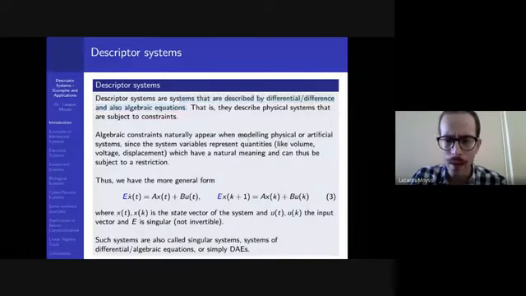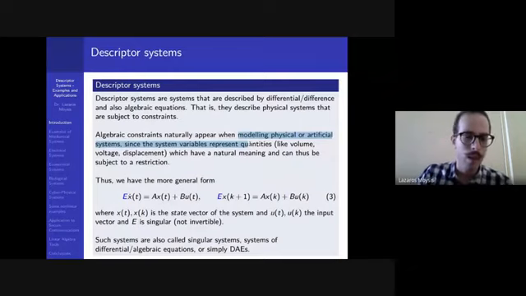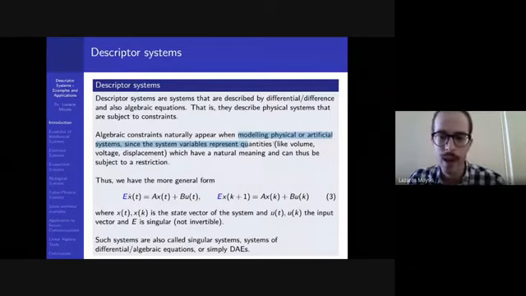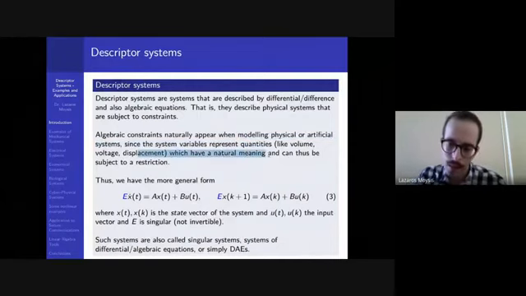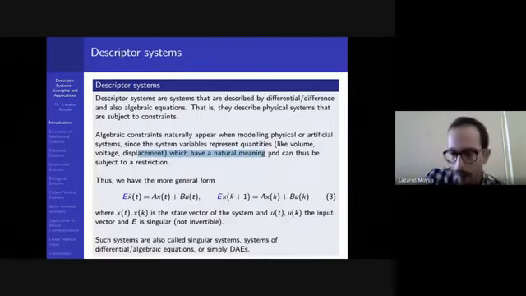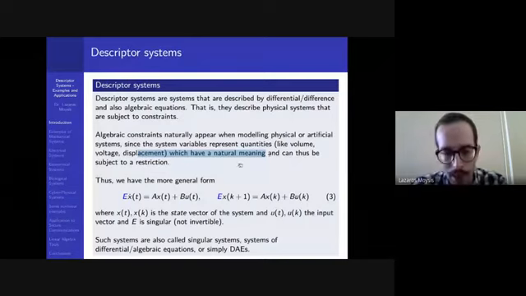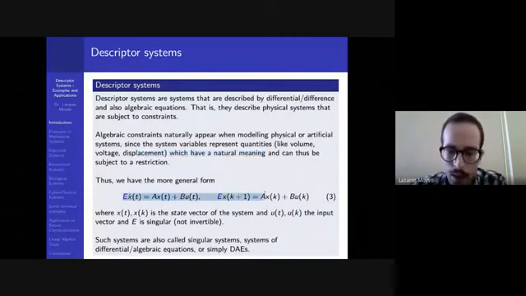They can naturally arise when we have some sort of physical or artificial systems where the variables describe quantities like volume, voltage, displacement, which all have a natural meaning, and can usually be subject to a restriction. So descriptor systems model exactly that, the possible restriction on the physical quantities of the system. And the general form is this.